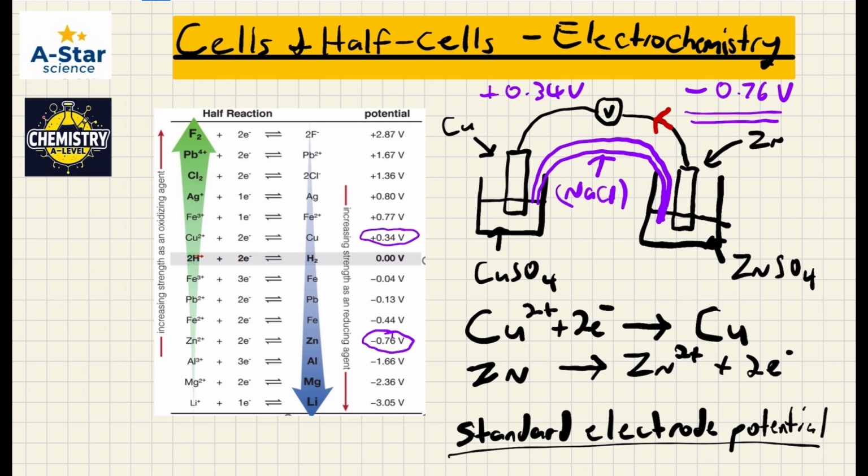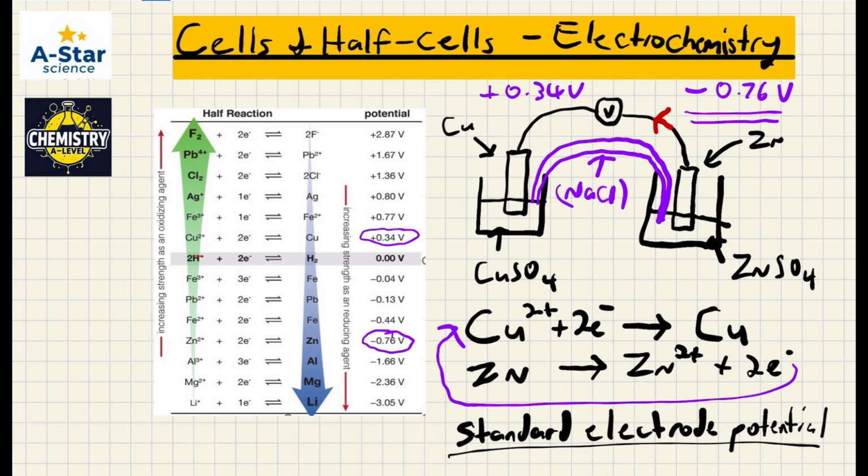So effectively what you have is the zinc providing the electrons, which are going to go to the copper 2 plus, and that copper 2 plus then is going to form the copper by taking up the electrons, like so, okay?